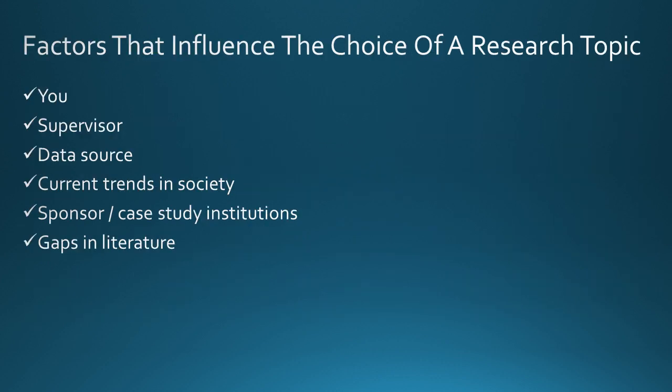There are a lot of factors that are capable of influencing an individual's choice of a research topic. One of those factors is you. Your personal values, beliefs, interests, relevance, and personal experiences can influence the choice of a research topic.